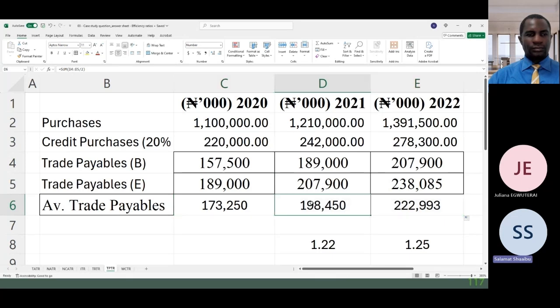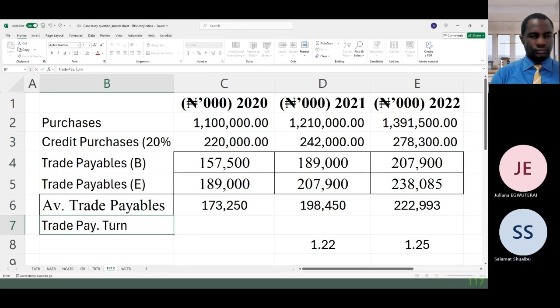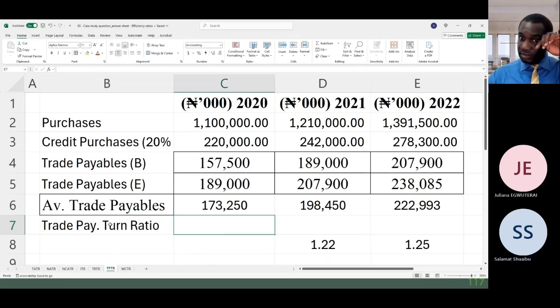Yes, I think I have a different figure from you people. For 2020, my average is 182,700.